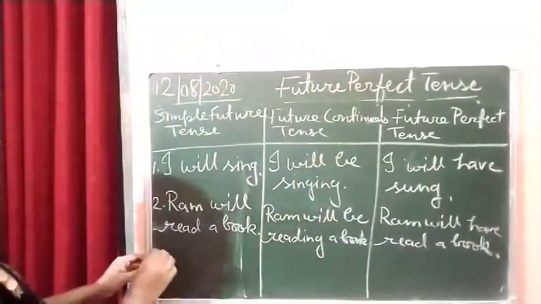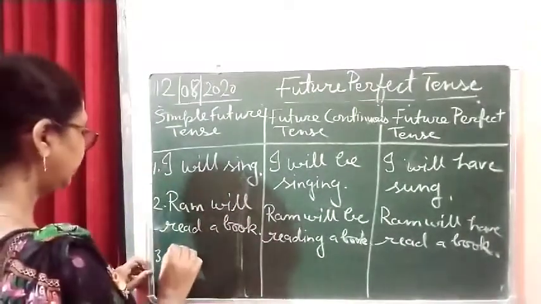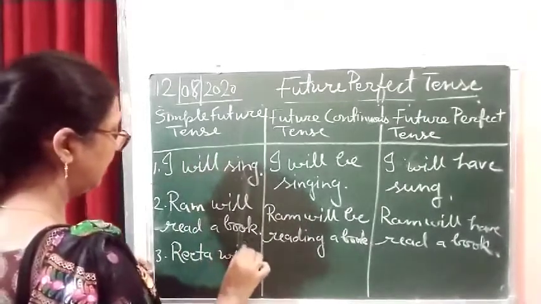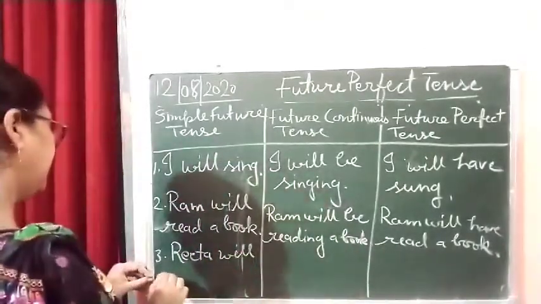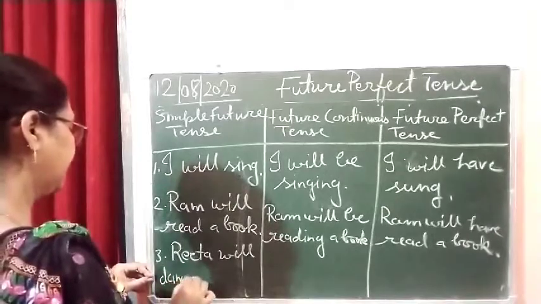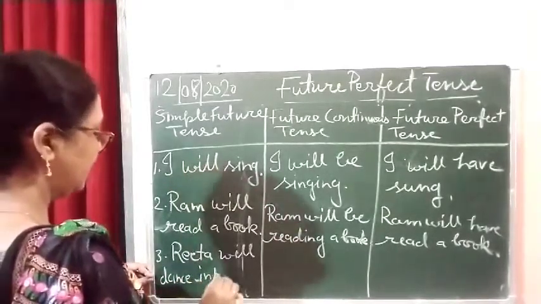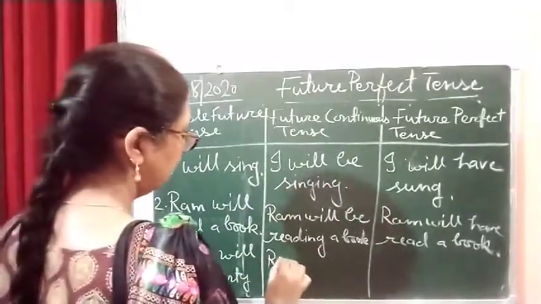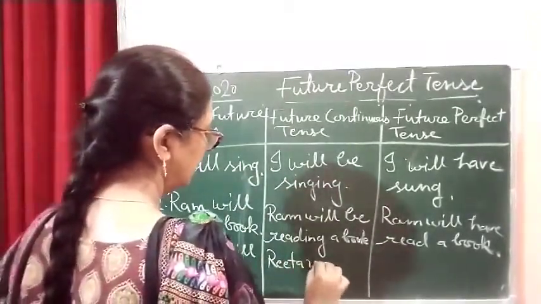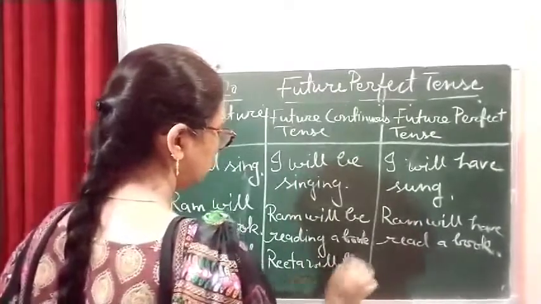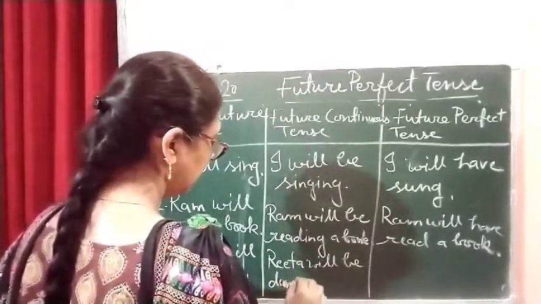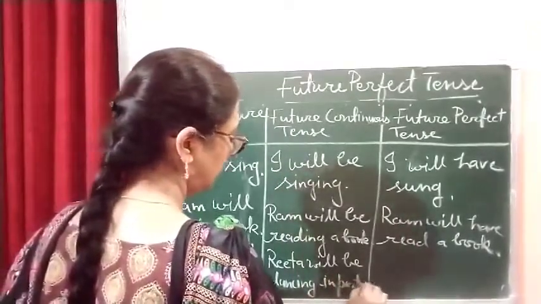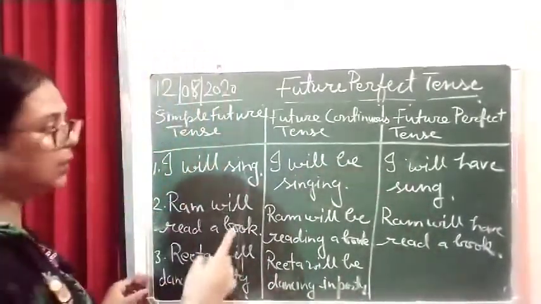Now next example, third number: Rita will dance in party. Rita will be dancing in party. This we have done in the continuous tense.